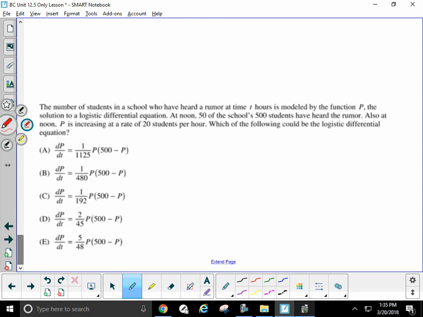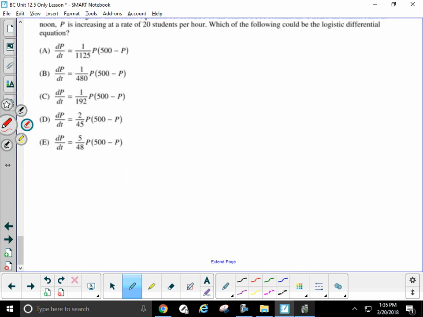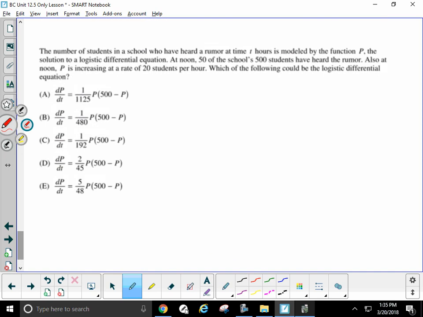The next question appears difficult, but it's not. Let's read this question. See if we can find an easy answer after doing a little bit of work.